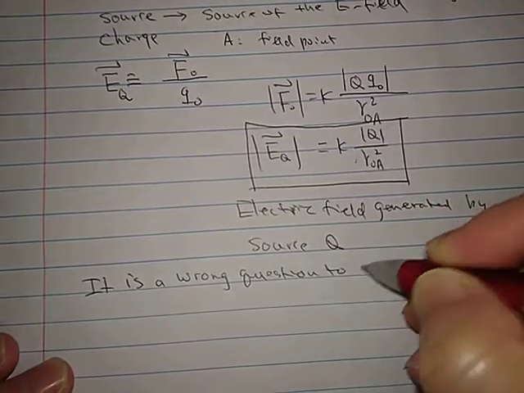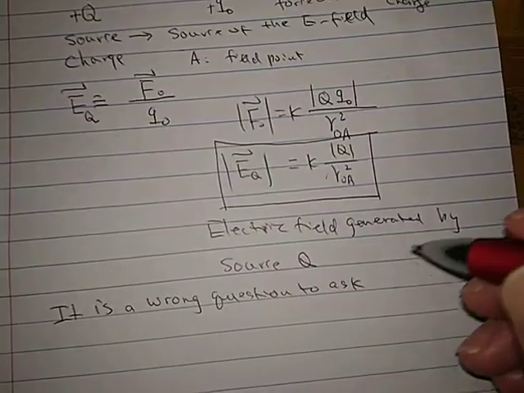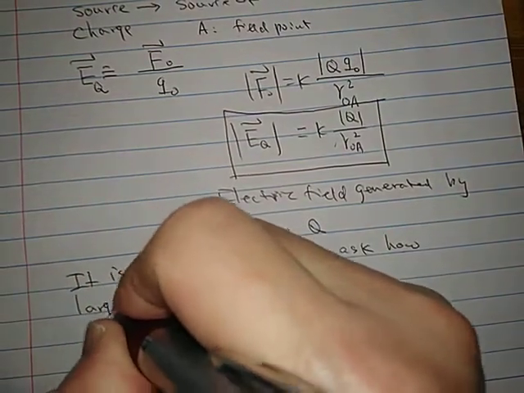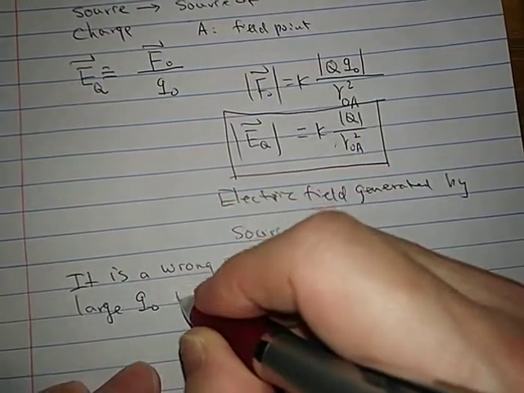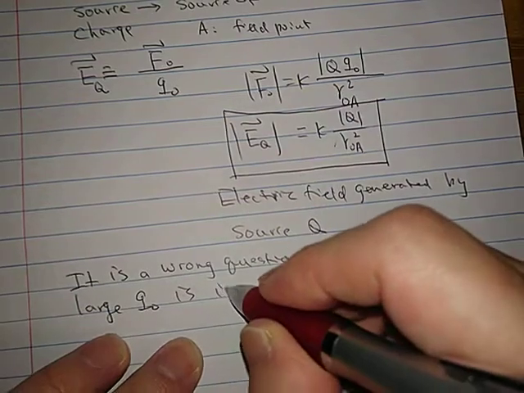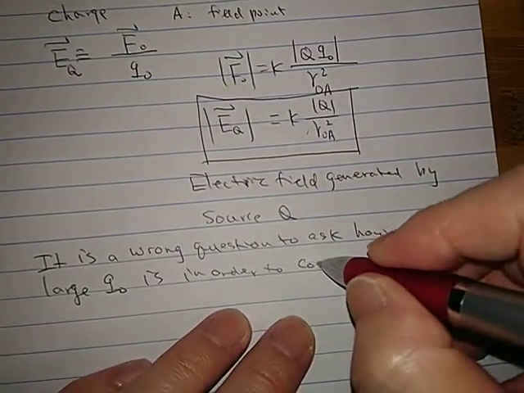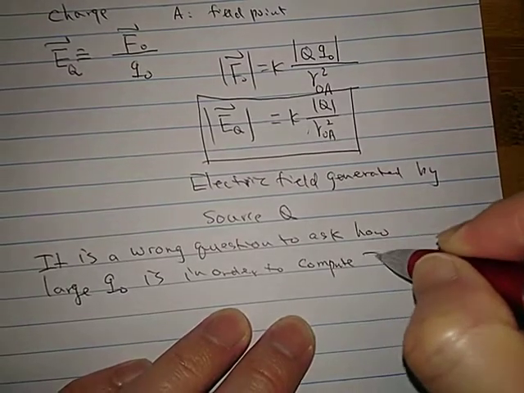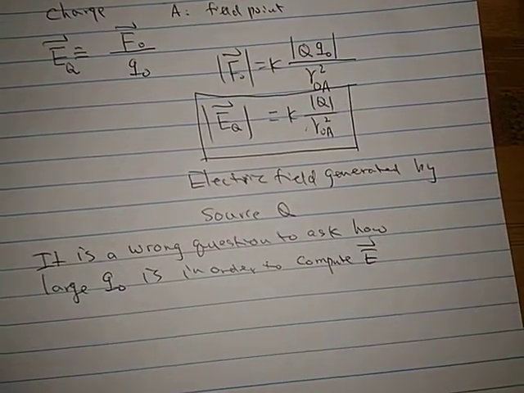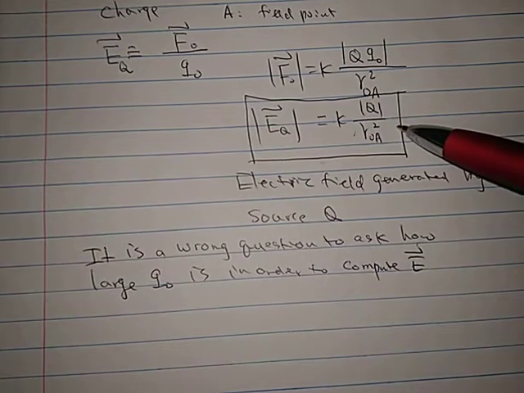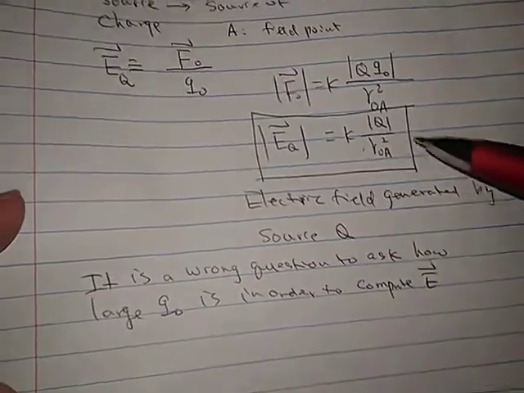To ask how large Q0 is in order to compute E. Do you understand it? Because you see, there's no Q0 at all.